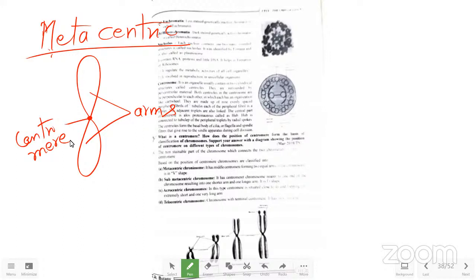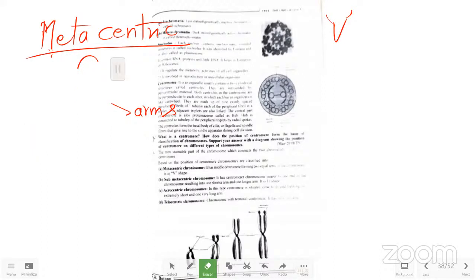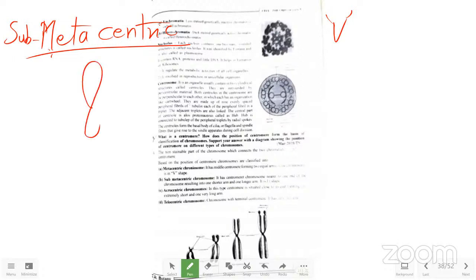During cell division, at the metaphase of mitosis and meiosis, the metacentric chromosome gives the shape of a capital V. Now comes the submetacentric chromosome. In the submetacentric chromosome, the chromosome is divided into 2 unequal sized arms.